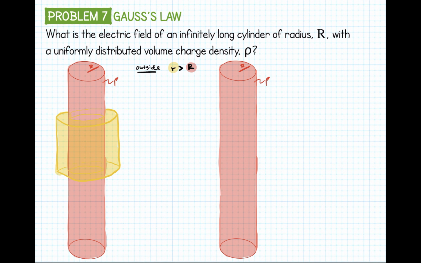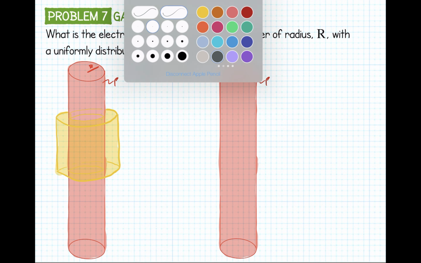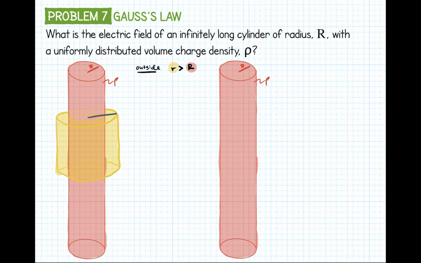Now, because this is a Gaussian surface and it can be any radius, I'm gonna do that in gray so you can see it better, greater than r, this is going to be little r. Okay, so that's this radius, little r. And this, we'll say this thing has a length of L as well.